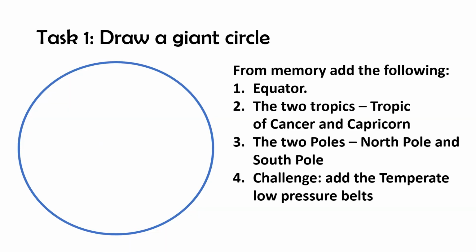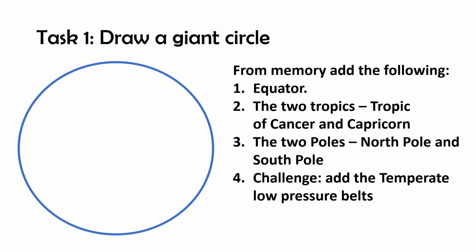Now, your very first task will be to draw a giant circle. If you've got a tablet, or a notebook and a pen, it's good to have pens in 4 colors. Remember, being geographers, it's always good to use a bit of color so that you can make your notes, number 1, look really nice, and number 2, you feel like reading your notes when they look nice.